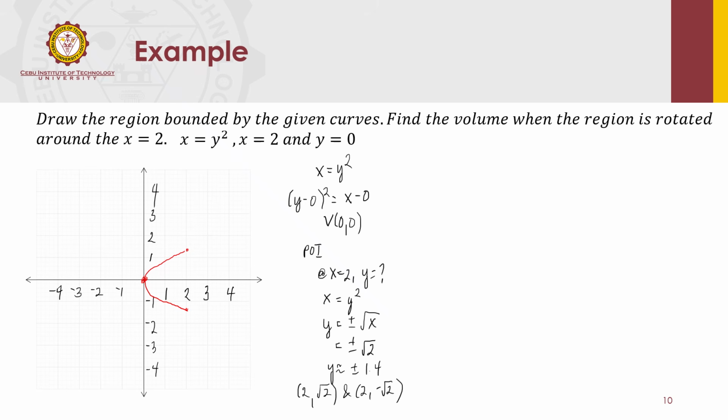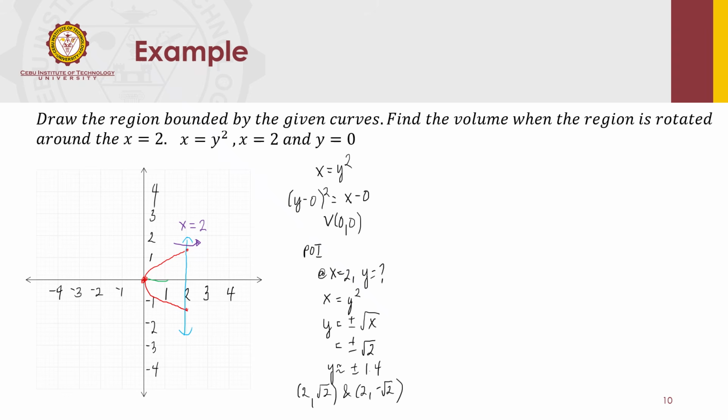And for the x equals 2, since it is also the axis of rotation, let's draw it. It's a line passing through the x-axis at x equals 2. So this is our axis of rotation, x equals 2. And it's also bounded by a third curve, y equals 0, meaning the x-axis.